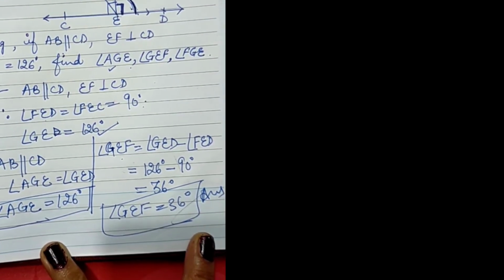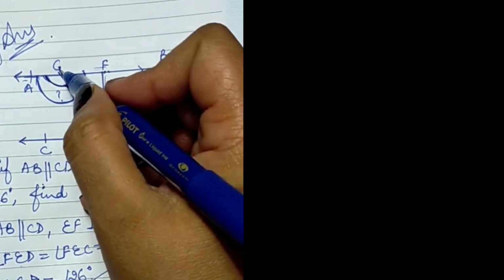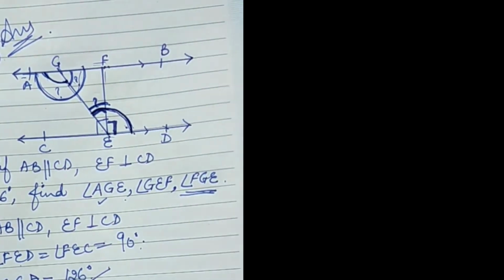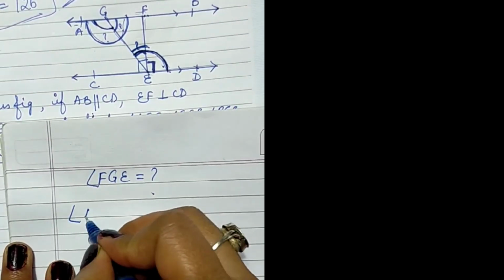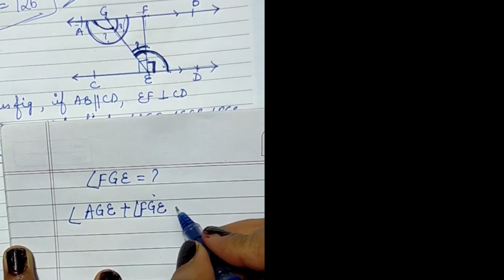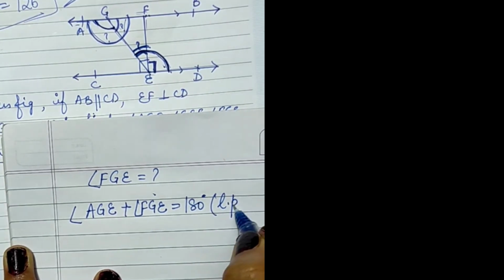Now we are left with FGE. This we have to find out. FGE. How can we find out? You can easily see that AGE and FGE are forming a linear pair. So angle AGE plus angle FGE is equal to 180 degrees because they are forming a linear pair.